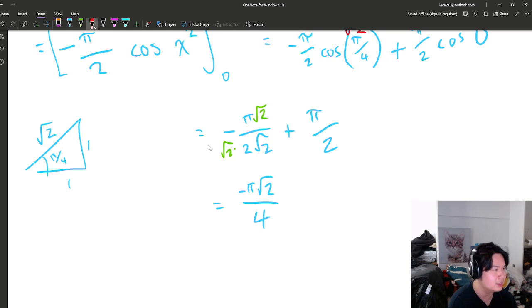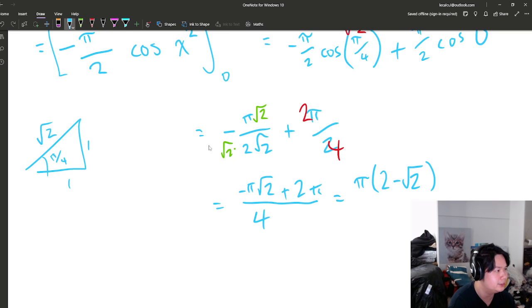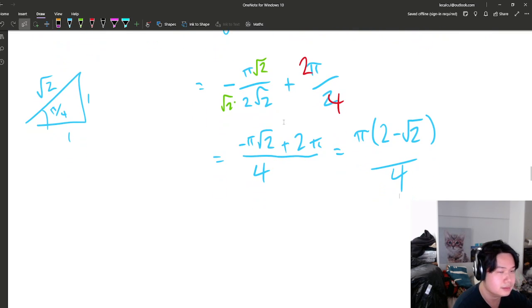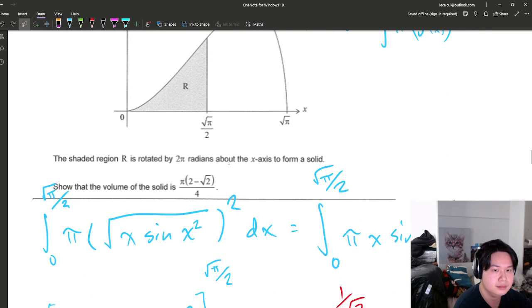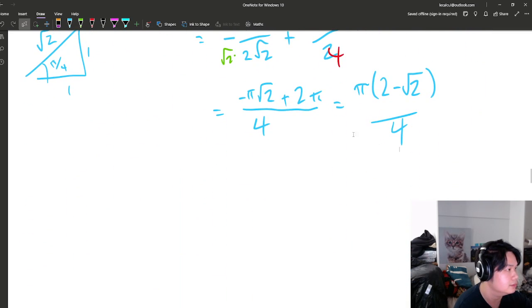This needs to be a 4 as well then. So if this is a 4, then I multiply by 2. So this is plus 2 pi. And I think they factor out the pi, and they write the 2 in front of the minus root 2. There you go.